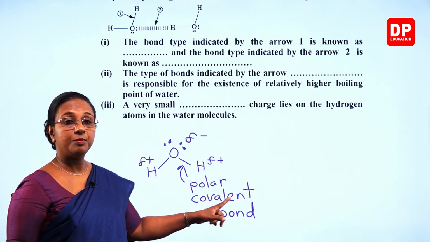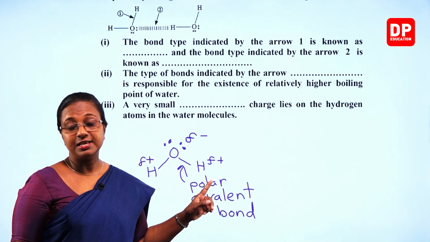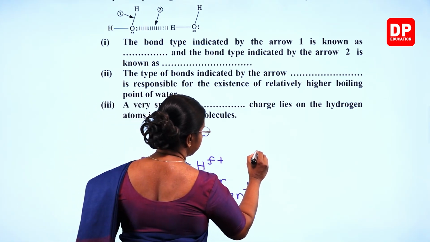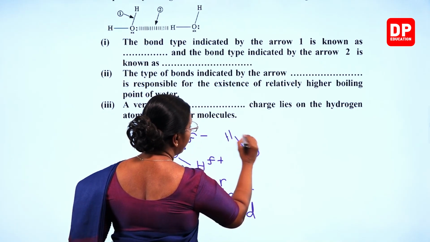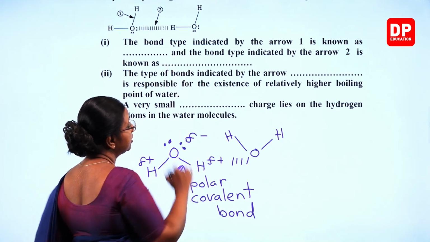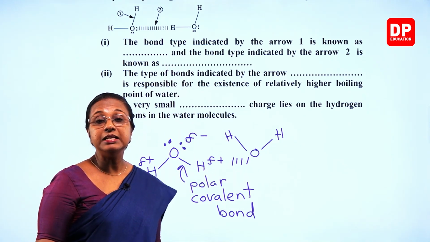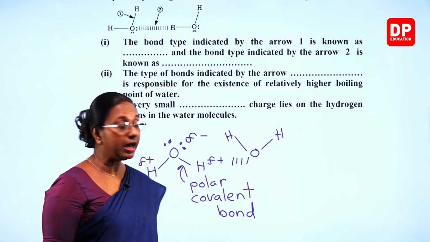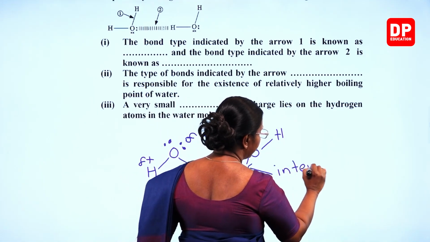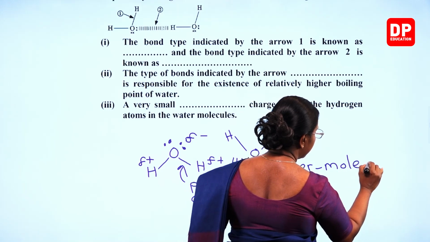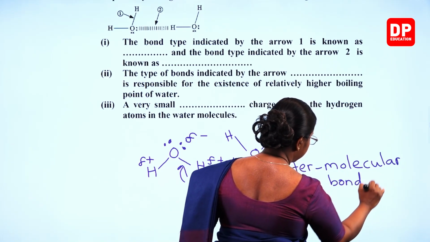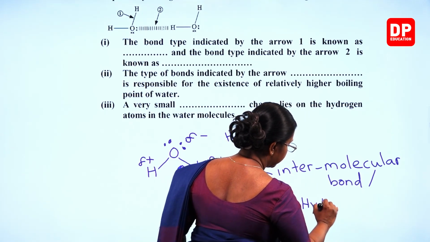When it is a polar molecule, there is an intermolecular interaction between the hydrogen of this molecule and the oxygen of another molecule. That is what is shown there. That is the intermolecular bond, or the hydrogen bond.